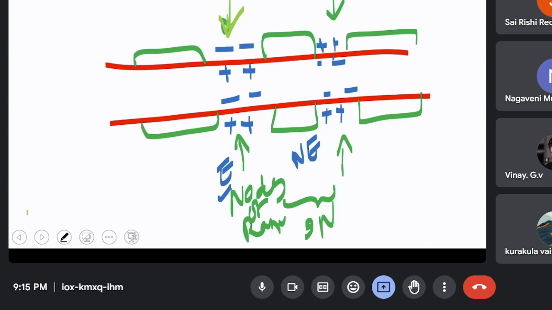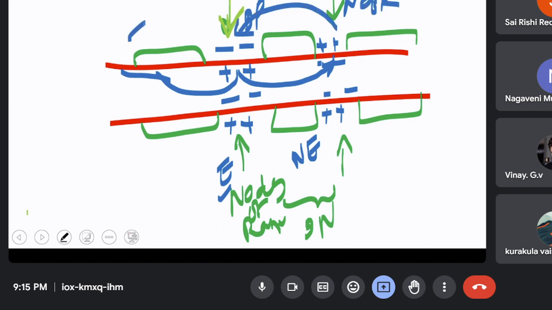This results in what we call depolarization. This depolarization again depolarizes the adjacent membrane. What is that adjacent membrane? Another node of Ranvier. So local circuits of current are produced between two adjacent nodes of Ranvier.